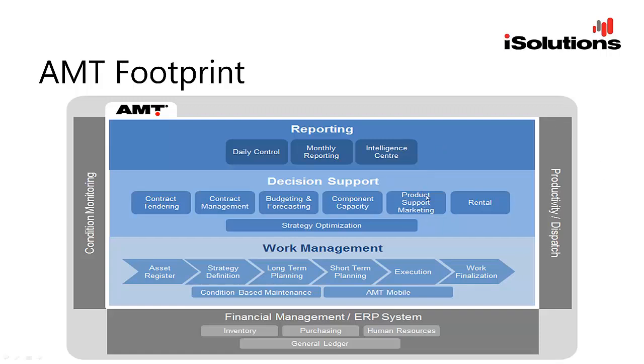Product support marketing is a new module that we are just releasing now. So this is going to do effectively the PTOS functionality, for those of you who know the CAT PTOS program, where it's going to look at your market share, both historically and forecasted, and provide firstly a high-level analytic tool, but also a tool for your sales reps, your account managers, to be able to pretty much live see what their market share is by customer and what are the opportunities and things.